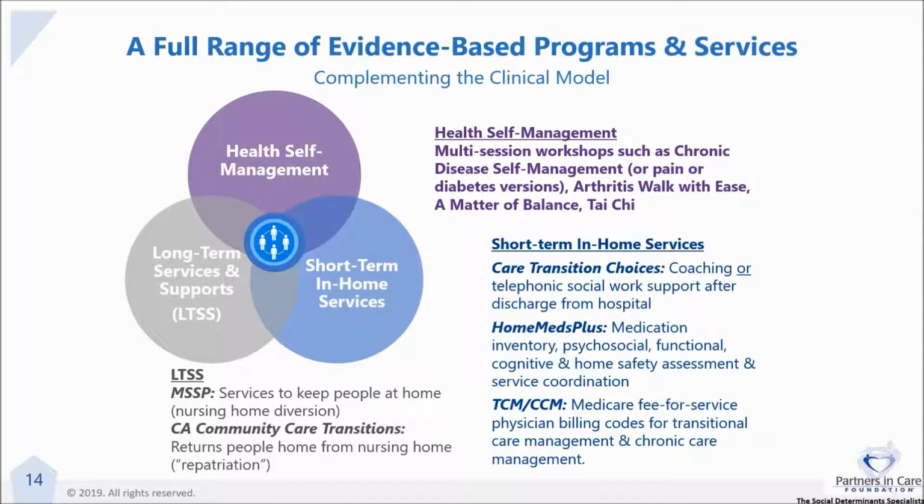It's a program to allow people to stay in their homes who would otherwise have to be placed into a nursing home. They have long-term case management, and they can stay on with us for as many as 5 or 6 years. We also have the California Community Transitions Program, which is a repatriation out of nursing home program, which provides them the same types of supports to keep people in their communities.